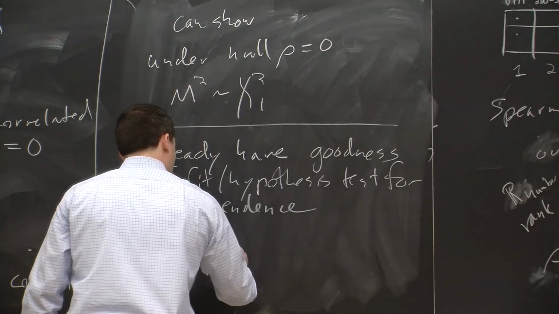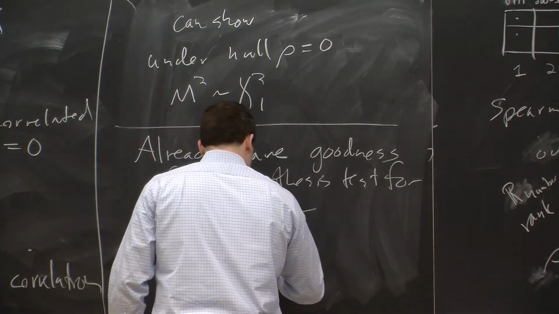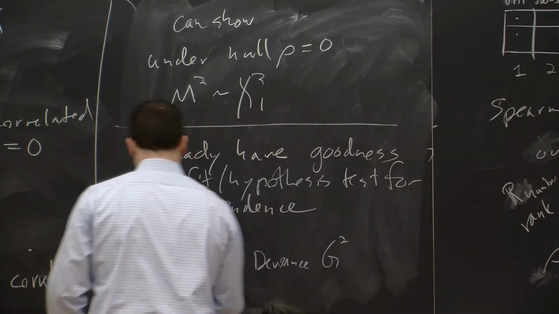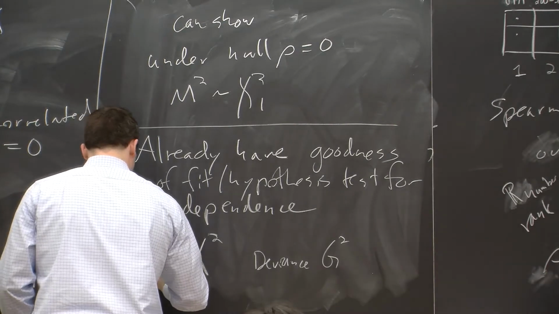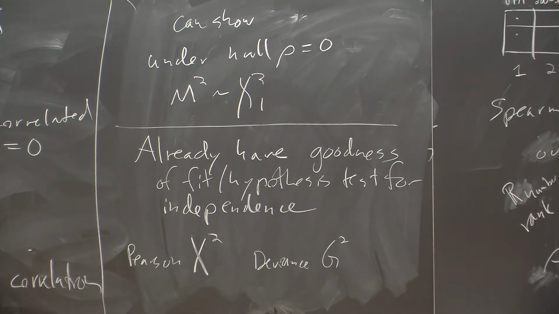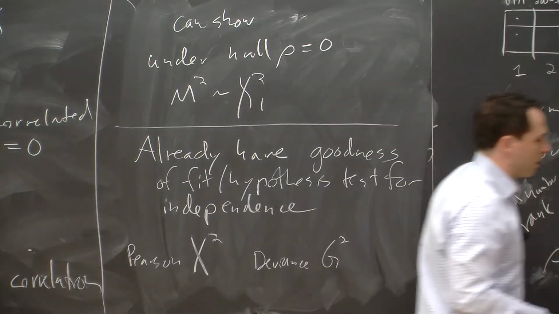Namely, the Pearson X squared or chi-squared and the deviance, right? So why would we use this M squared instead? Or what benefit would we hope to get? Think about that for a second.